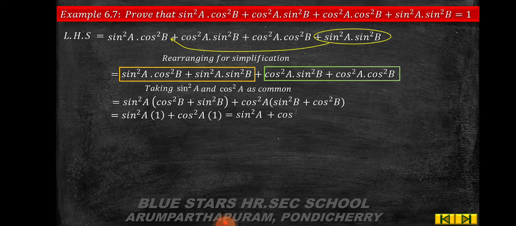So sin square A plus cos square A again gives the same value, sin square theta plus cos square theta, which is 1. Therefore, you get the answer in the right hand side.